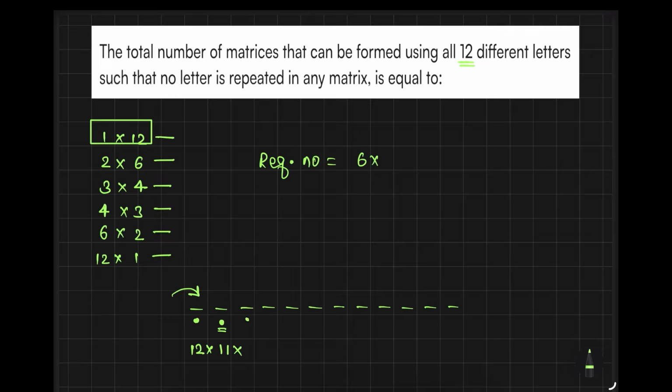Now for this place, 10. And now 9, 8, 7, 6, 5, 4, 3, 2, 1. So this many ways are possible. So I can write 12 factorial. So 6 times 12 factorial is the required number of ways. I hope this question is clear.